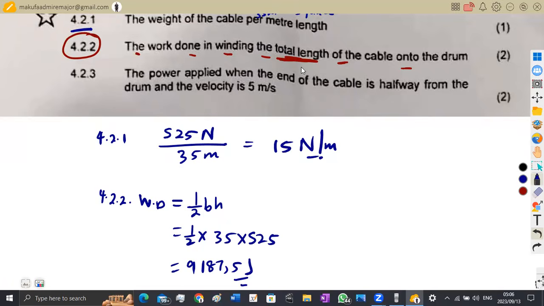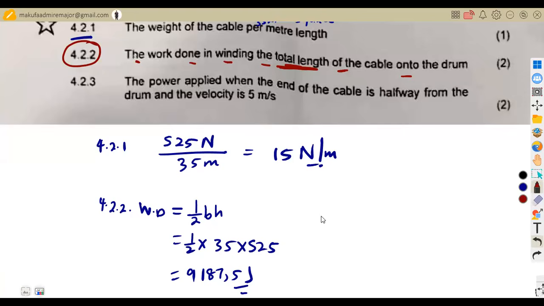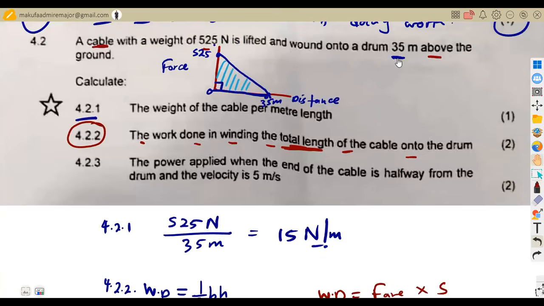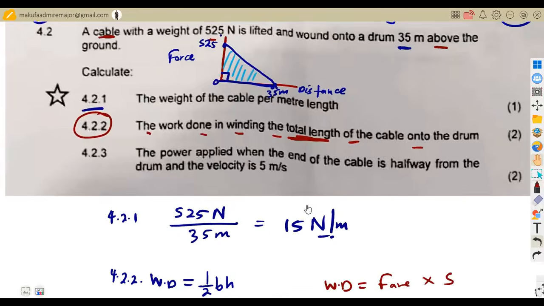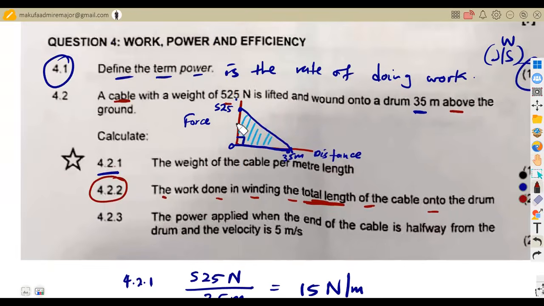But we also have with this condition that this same work done that we are talking about can be taken from the average force times the displacement, which is the distance that is given in the first place here, which is the 35 meters, whereby the average force we are simply talking about starting from 0 in this case.